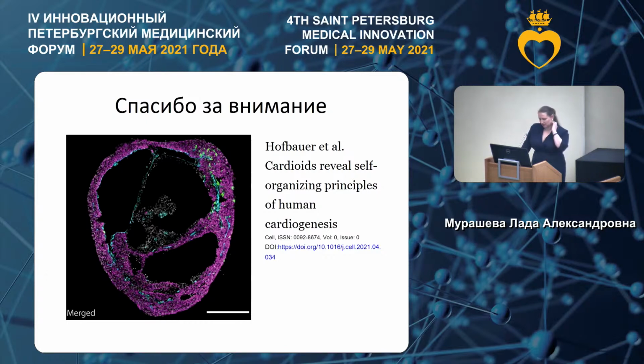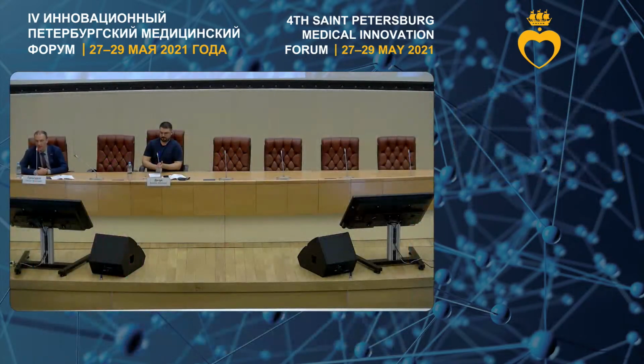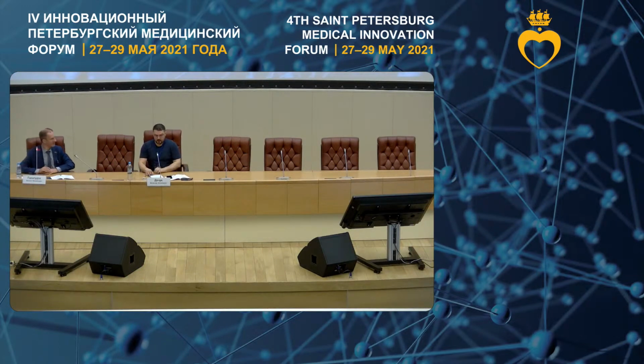Here you can see a cardioid, a self-organized and self-contracting structure that was grown in a cytokine-rich environment. This article was published in 2021, and it's an exciting one. I really recommend reading it. Thank you so much.